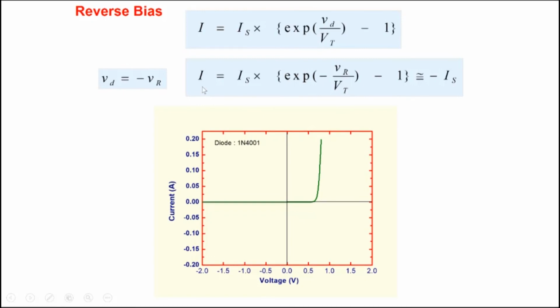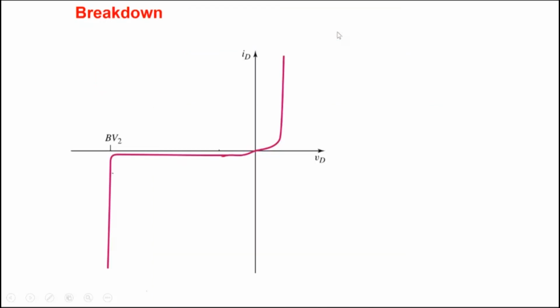Also note that the actual current flowing in the reverse bias direction may be much higher than the value you see here, because actual practical diodes are more complicated, as we indicated, than this particular equation. There's another problem in reverse bias.